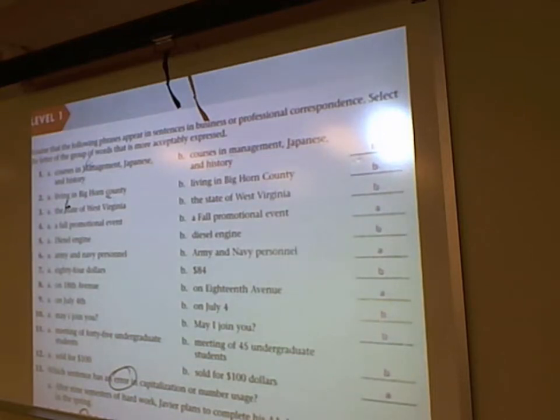Okay, on product names, let's see if I can find the word diesel. I figured that would be in that particular area, but it is not. Dumpster waste receptacle, I do not see diesel engine on that one. What I would do is look up the Merriam-Webster dictionary for diesel engine, and that would give me concrete proof of whether it should or should not be capitalized.